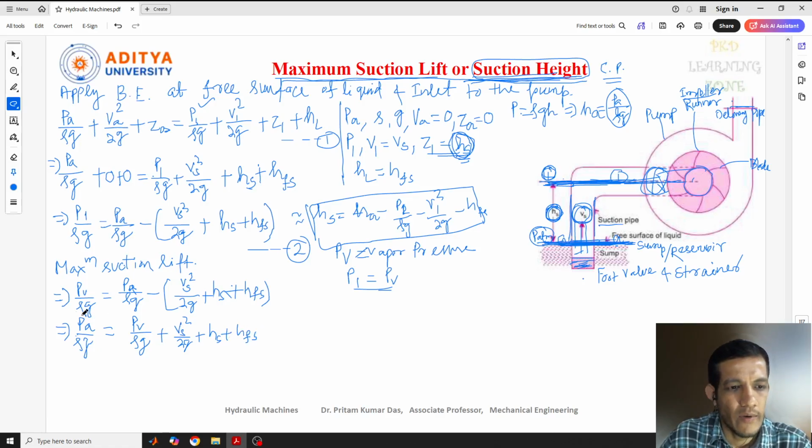Now, this term, as I already told you, is our atmospheric pressure head, which we can mark as HA, in meters.